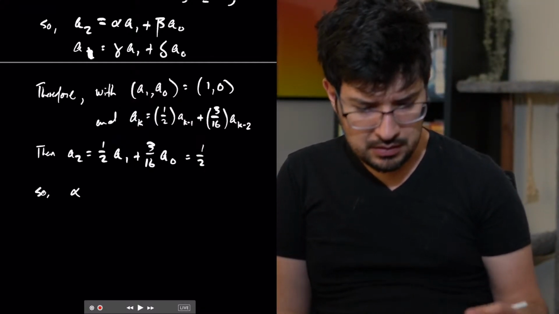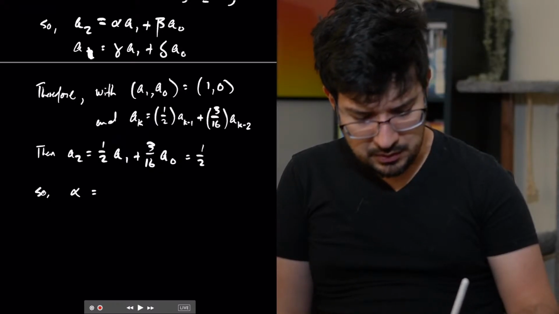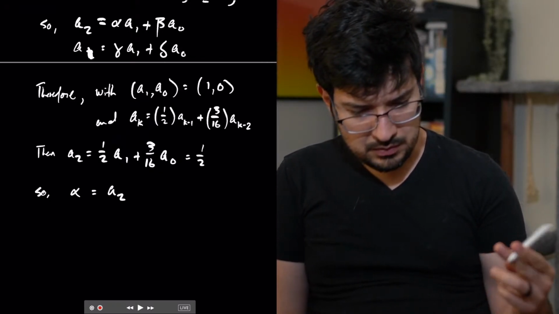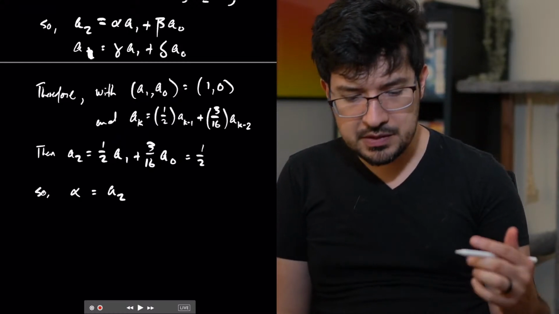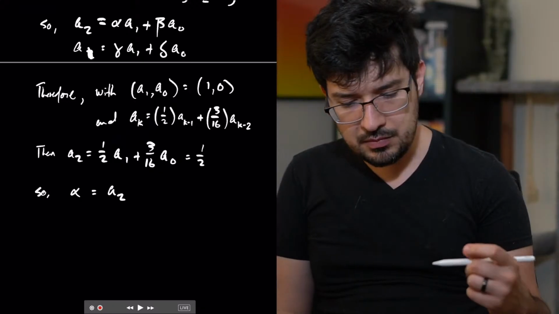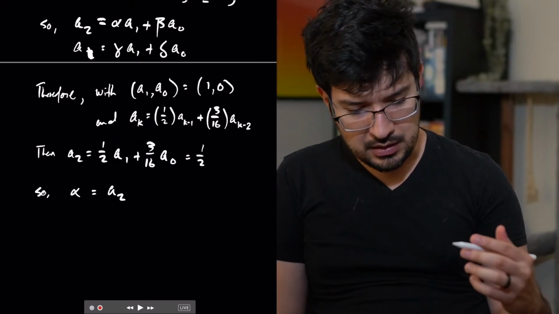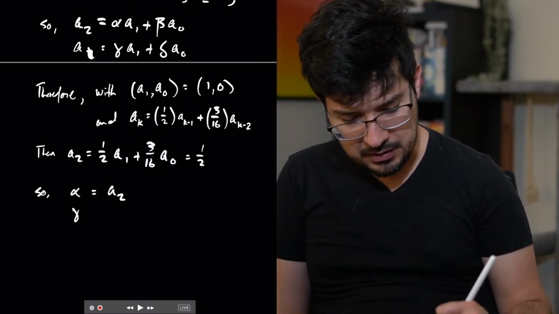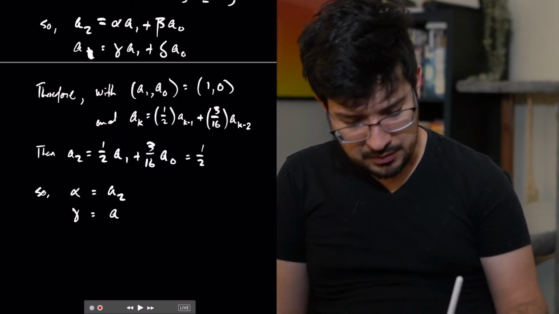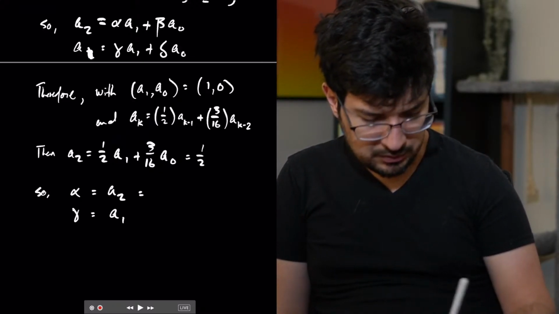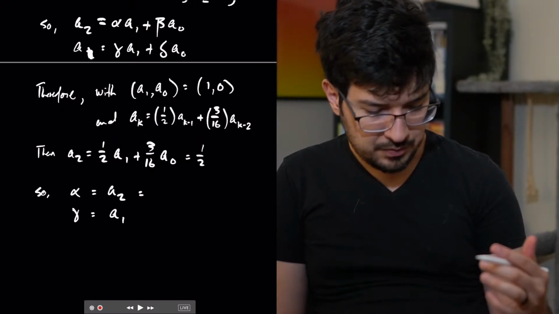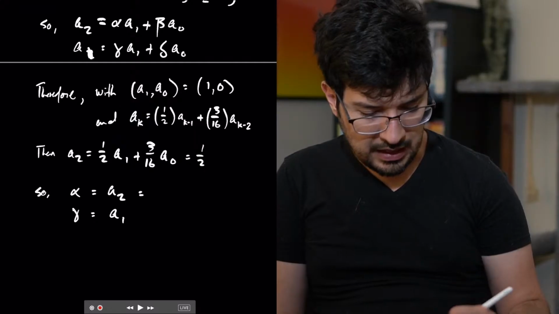Then alpha equals A2. Looking at that first line, because A0 is 0, gamma equals A1. So alpha is 1/2.